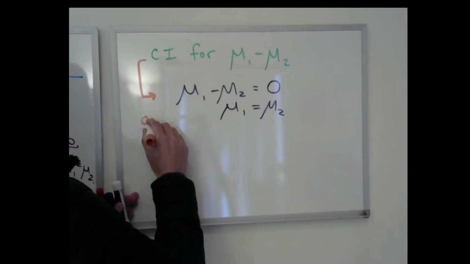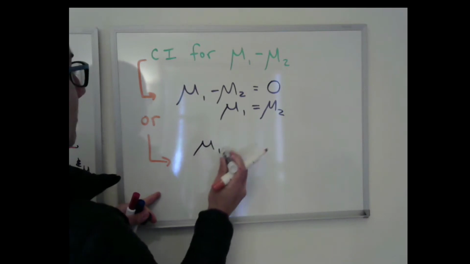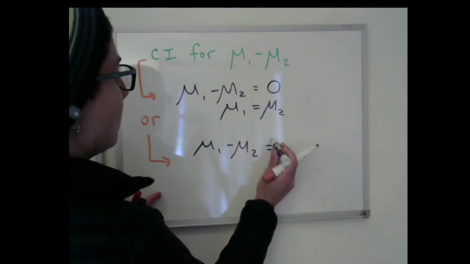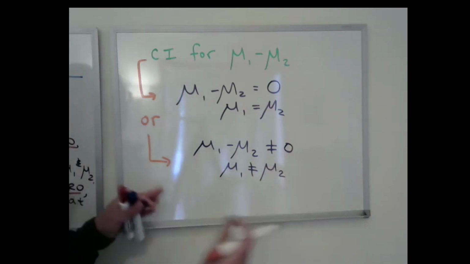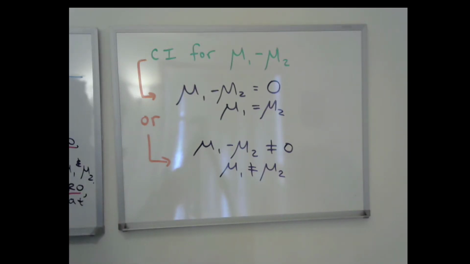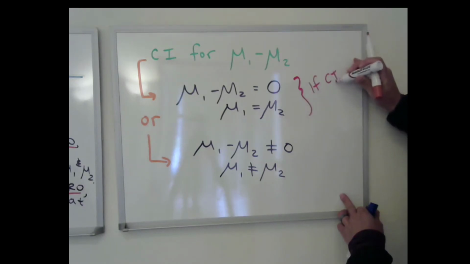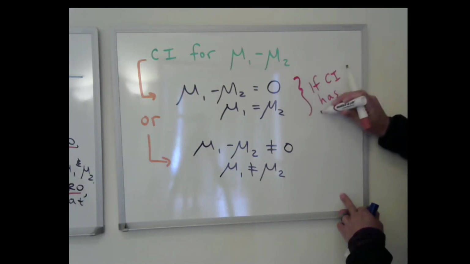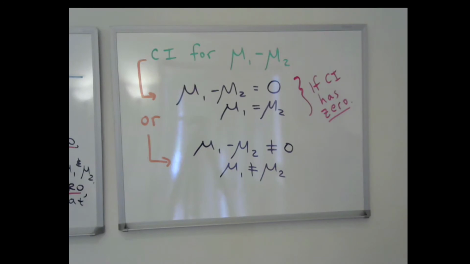Or these population means could be different, right? That would be when the confidence interval does not contain 0. So if the confidence interval has 0, that could imply that the population means are not different.